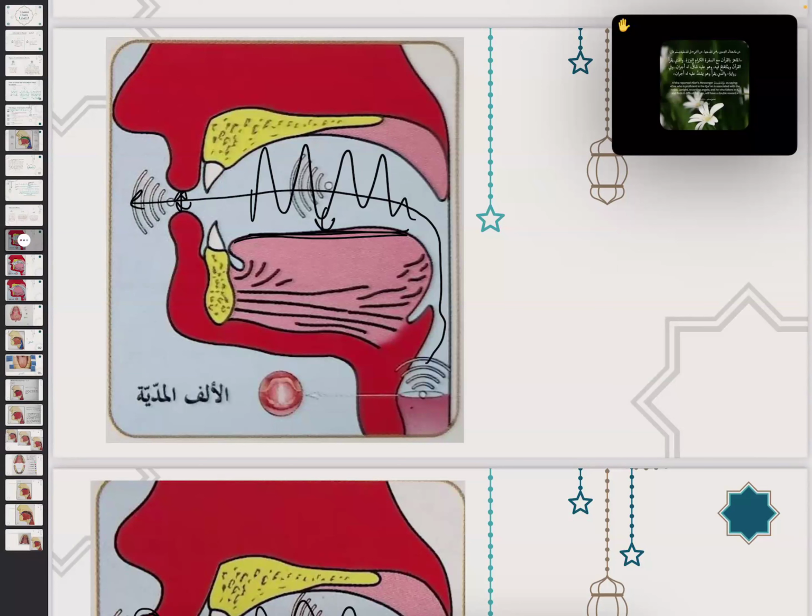The three mad letters come from الجوف. The first picture, the articulation point of alif mad. When we pronounce alif mad, we open the mouth with the letter alif, while the tongue is in a position of rest. This is the first picture.